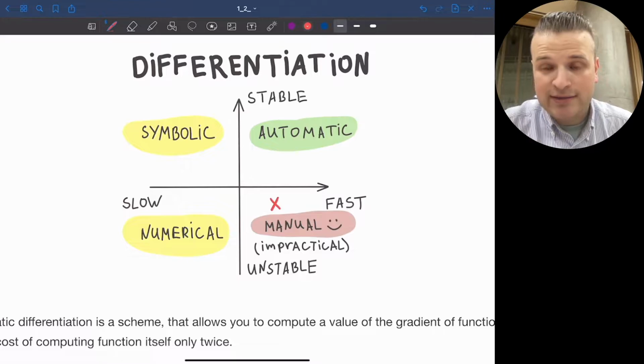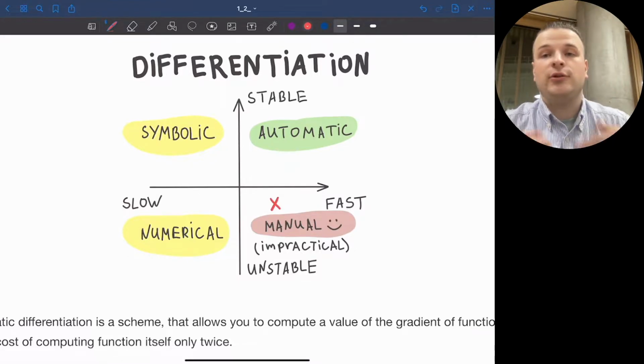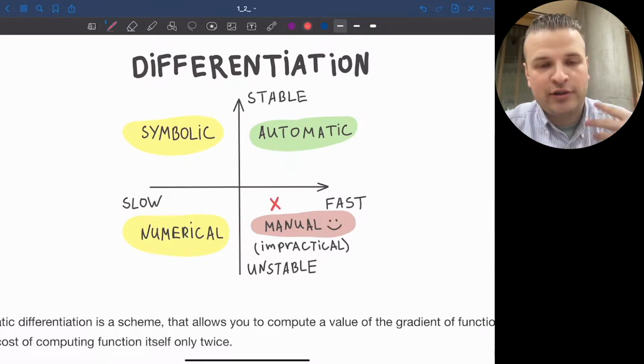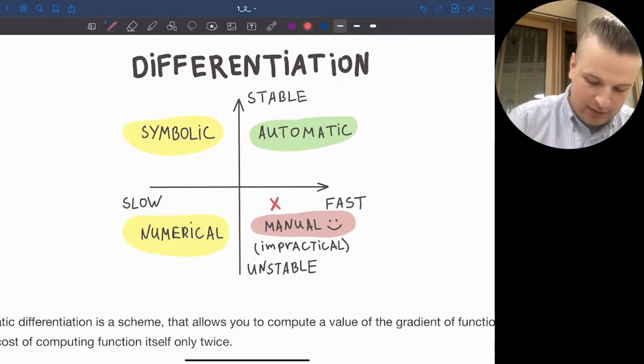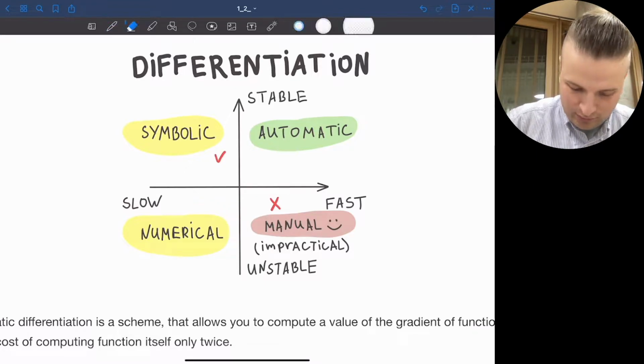There are some ways to do a similar thing with computers, and that is symbolic differentiation.